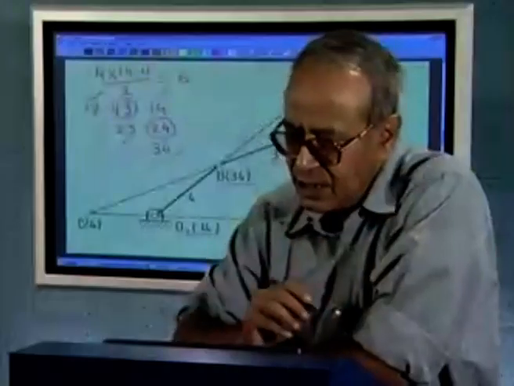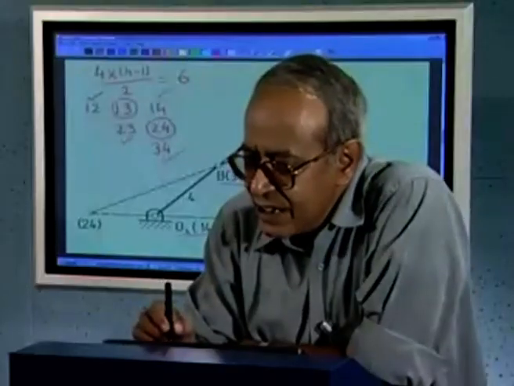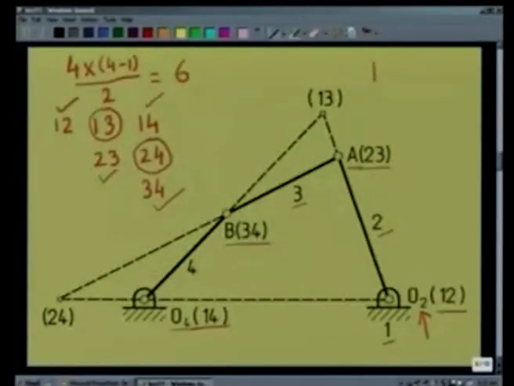For example, if 3 rigid bodies, namely 1, 2 and 3, are in relative motion with respect to one another, consequently the 3 relative instantaneous centers, that is 1, 2, 2, 3 and 1, 3, will be collinear.